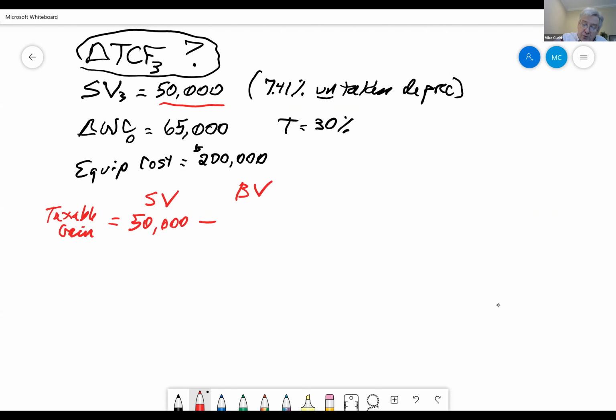Its book value will be 7.41% of the original cost, or $14,820.